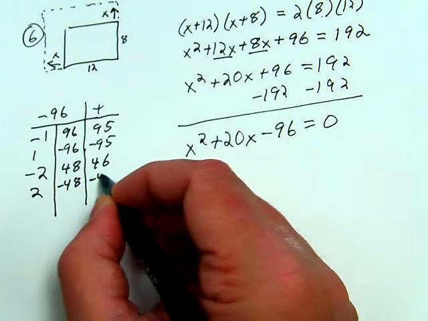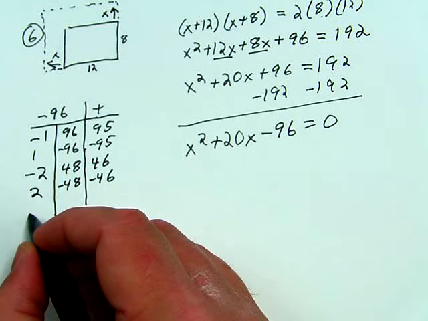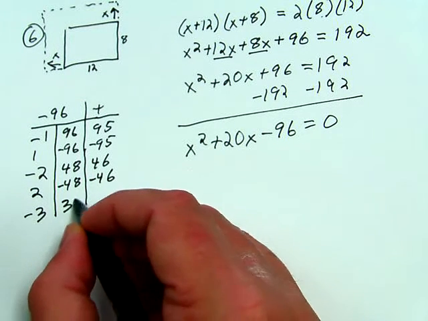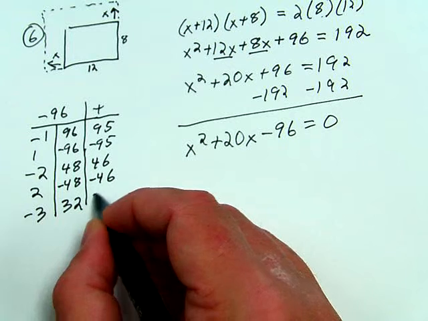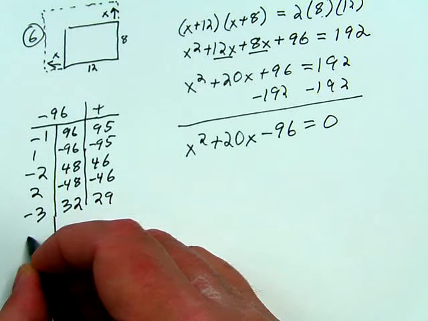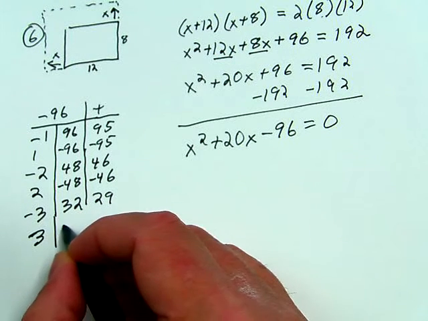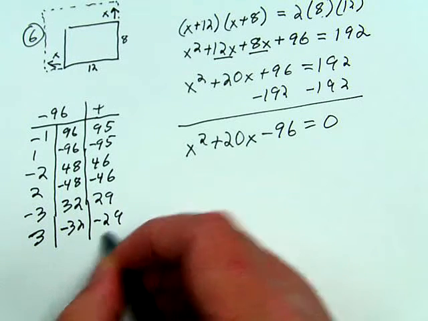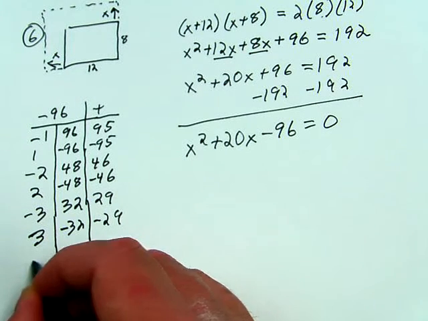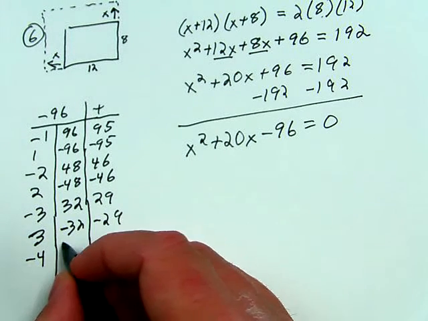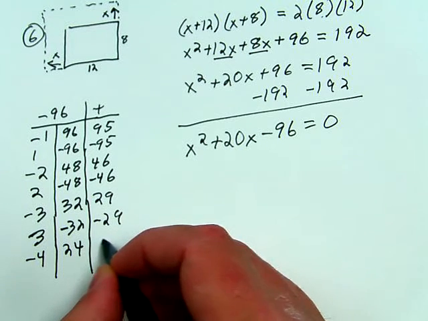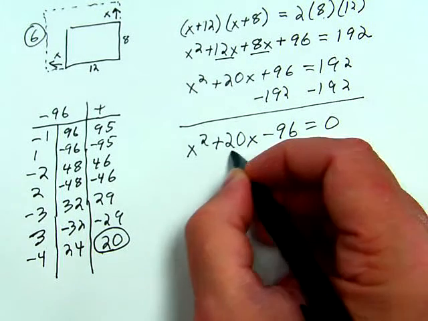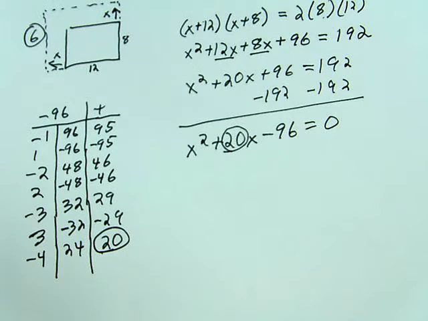Well, that's negative 46. So let's try negative 3 and 32. Well, that's 29. Let's try 3 and negative 32. That's negative 29. Let's try negative 4 and 24. And that gives me 20. Oh, there it is. There's the 20 that we were looking for.